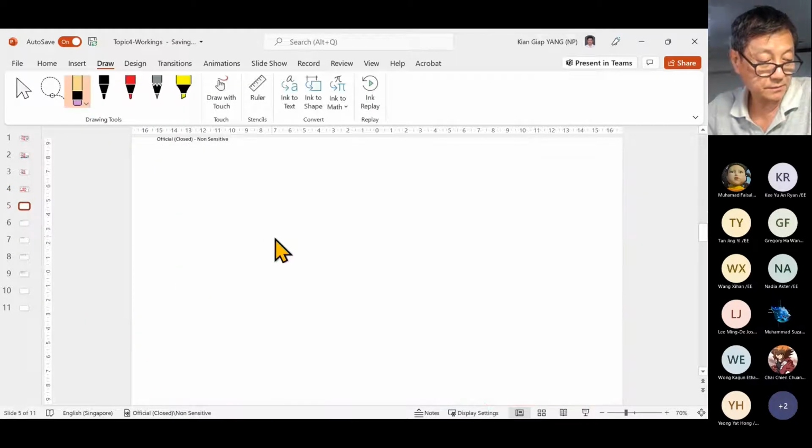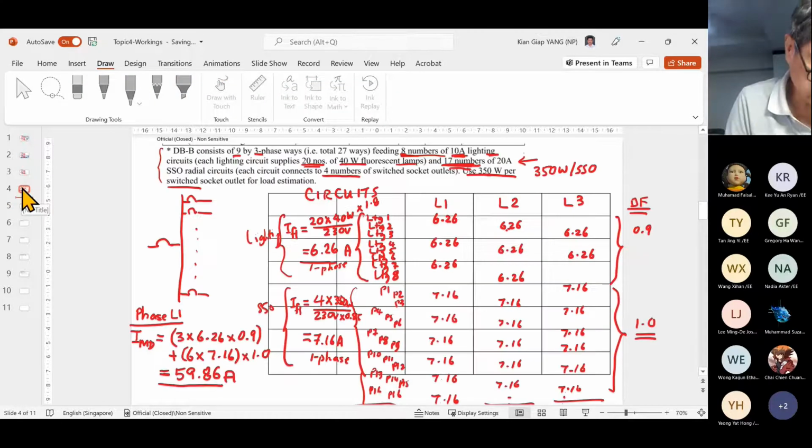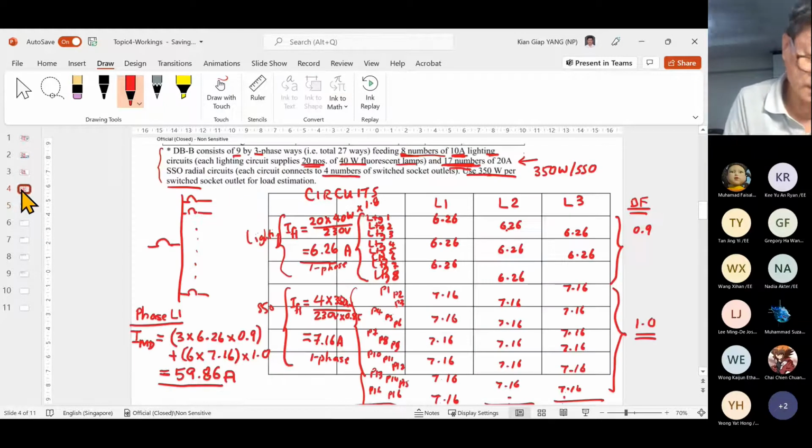I'm going to repeat here. IMD1, the maximum demand for phase L1, we have already calculated here. It is 59.86. Right now, IMD for phase L2 is equal to lighting.